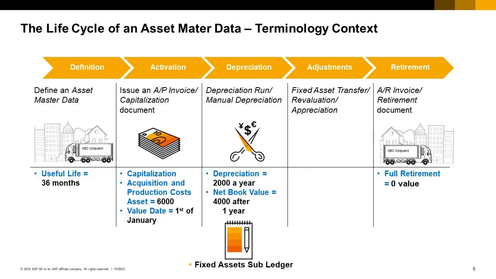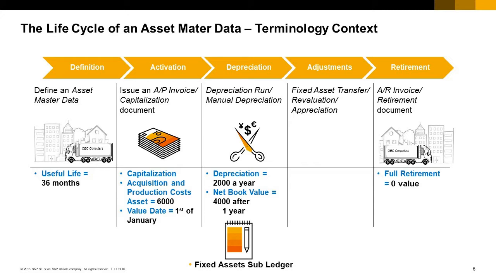The Asset Master Data record is activated when the user purchases a fixed asset using an AP invoice. The AP invoice automatically generates a capitalization document. Capitalization is the process of recording an acquisition and production cost as a fixed asset. The acquisition value of the truck is $6,000. The asset value date sets the capitalization date in the Asset Master Data.